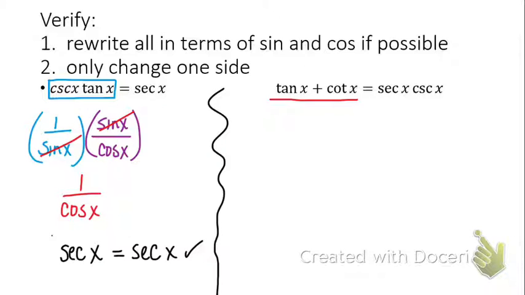So what does tangent equal? All right, so sine over cosine. And cotangent is cosine over sine. So we need a common denominator, which means I have to multiply. I'm multiplying this fraction by sine.